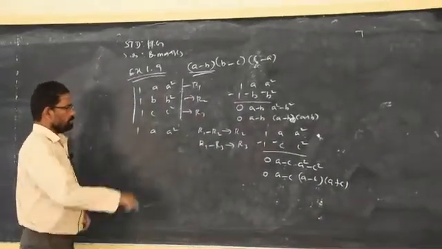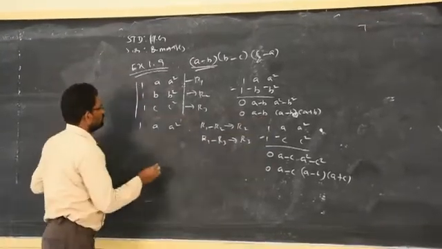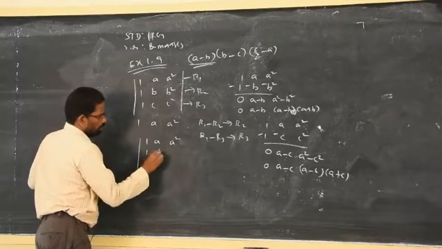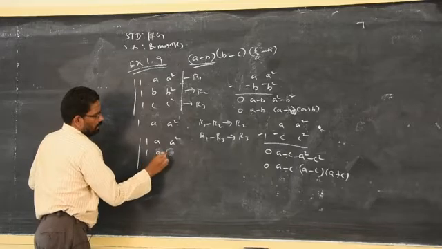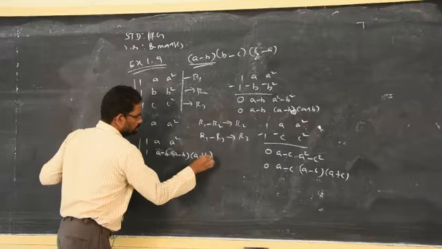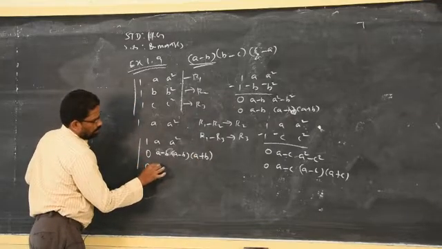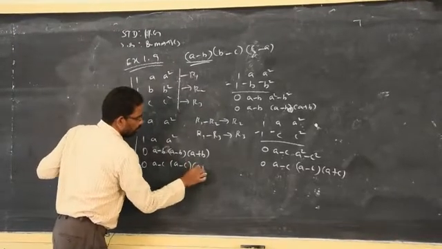Now we can replace R2 and R3 by these two answers. 1, a, a square; the second row 0, a minus b, (a minus b)(a plus b); the third row 0, a minus c, (a minus c)(a plus c).